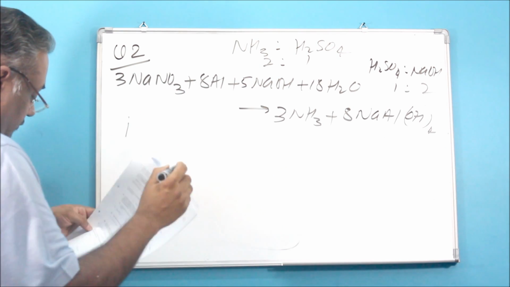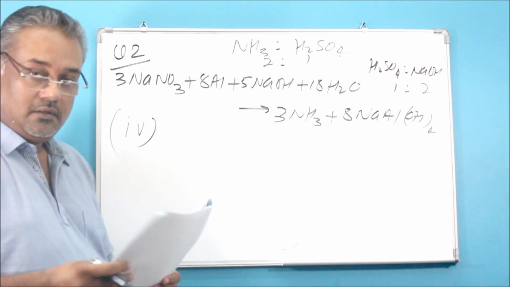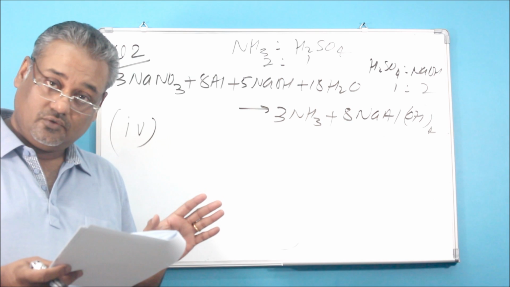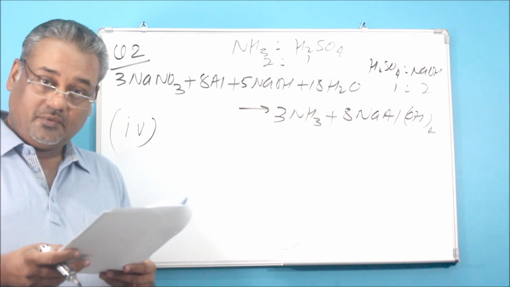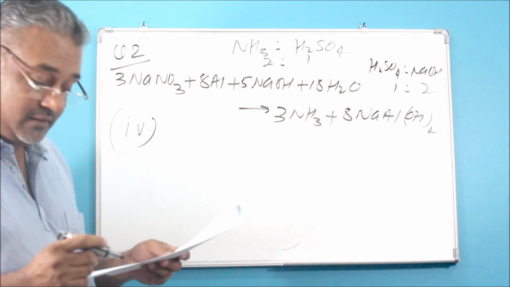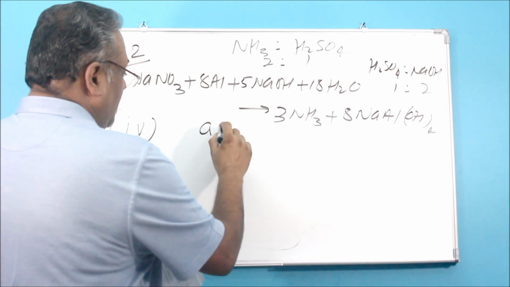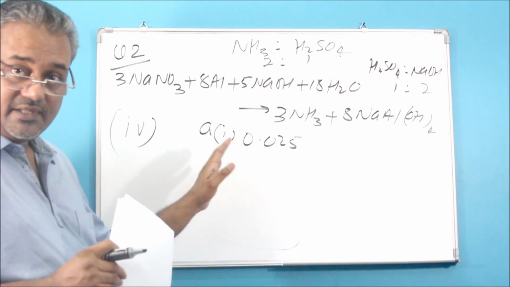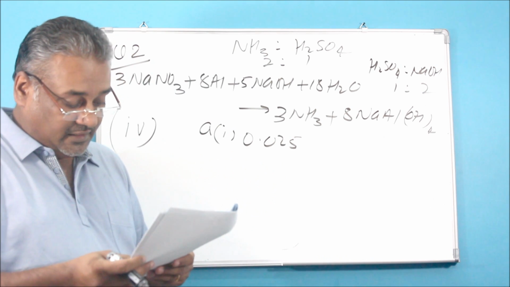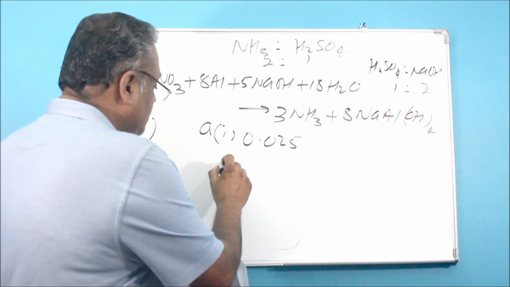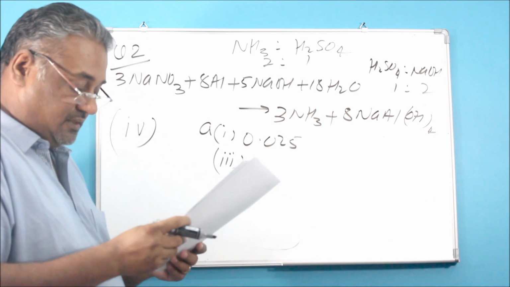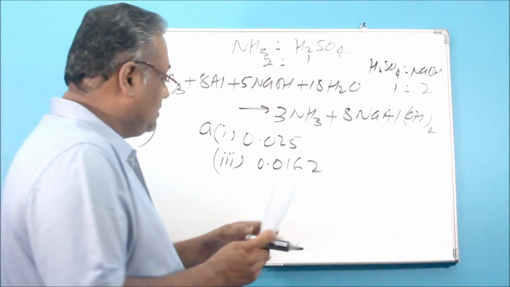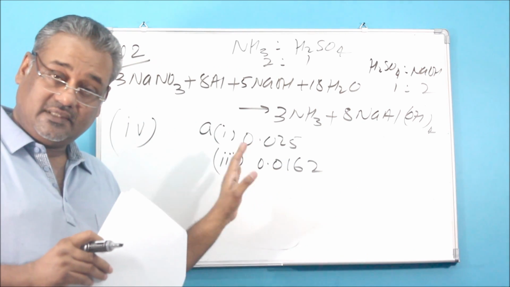Now the fourth part of the question says, from the previous answers you need to work out how much H2SO4 is left to react with ammonia. What you must understand is, if you look at the answer of A part 1, which you had, 0.025, this was the moles of H2SO4 at the beginning. And then if you look at the answer of A part 3, which was 0.0162, this was the moles of H2SO4 that reacted with NaOH.